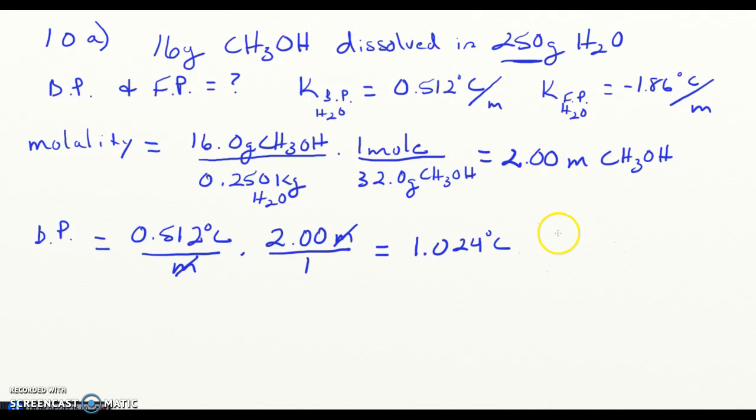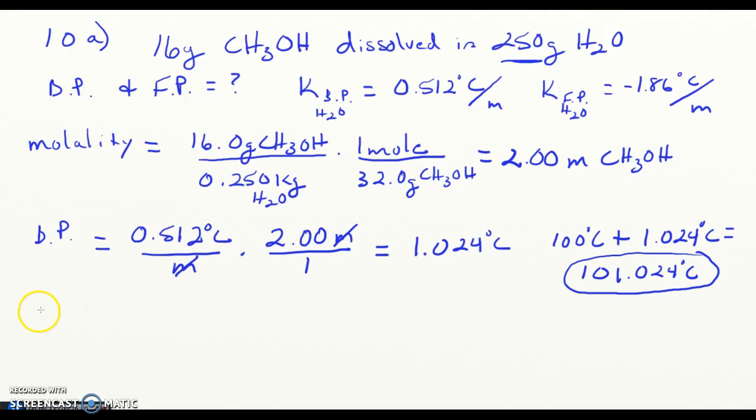And the normal boiling point of water is 100 degrees, so you add it to this 1.024 degrees Celsius. And it gives us a new boiling point of 101.024 degrees Celsius.